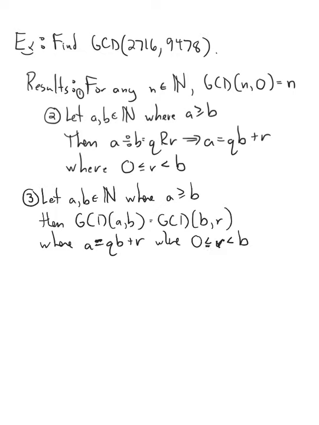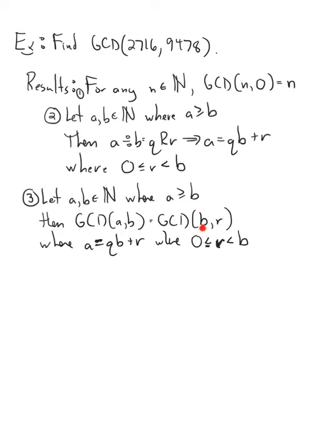And if we think about that, what's happening here? Well, a is bigger than b. And we know b is bigger than r. So if we can prove this result, which we will in a second, then we're turning this greatest common divisor of a and b into a problem with smaller numbers.